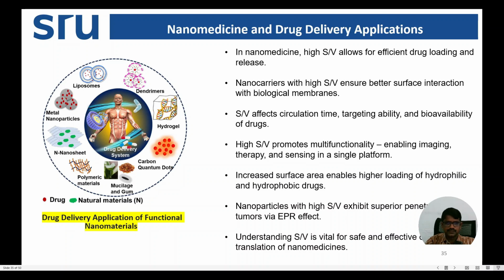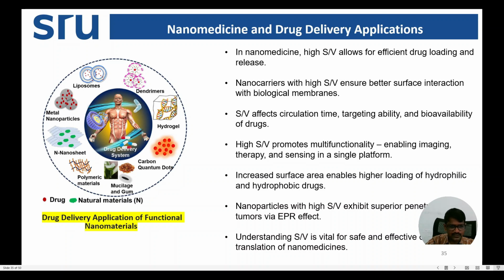The next one is nanomedicine and drug delivery applications. In nanomedicine also, we need high surface to volume nanomaterials, which allow efficient drug loading and release. If you see this picture, you can understand the importance of drug delivery systems with nanomaterials.